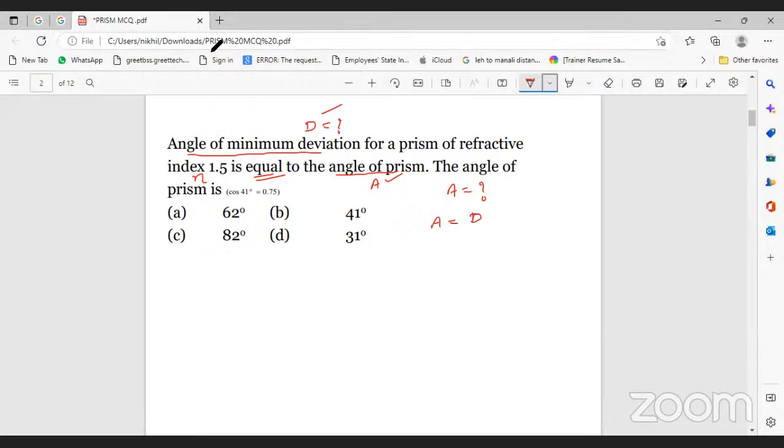What is the n value they have given? 1.5.